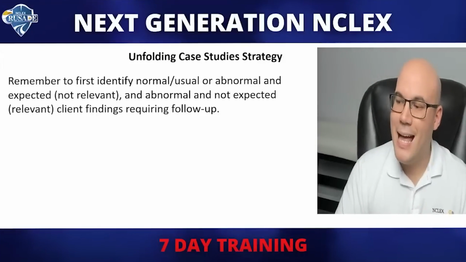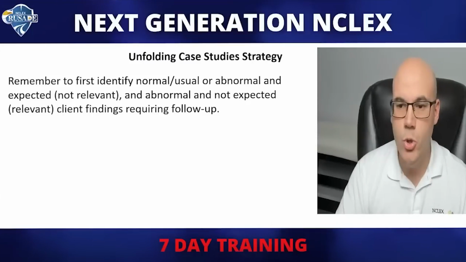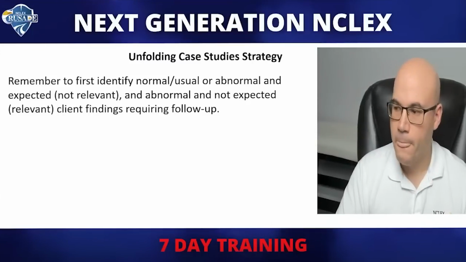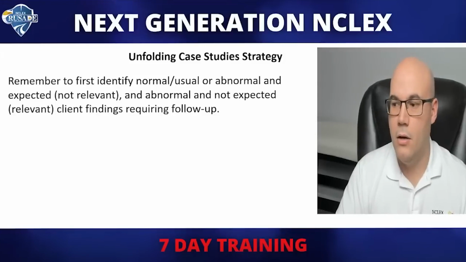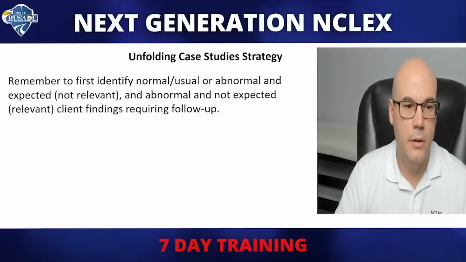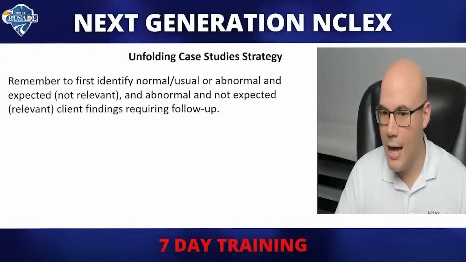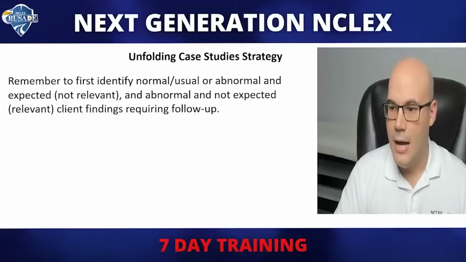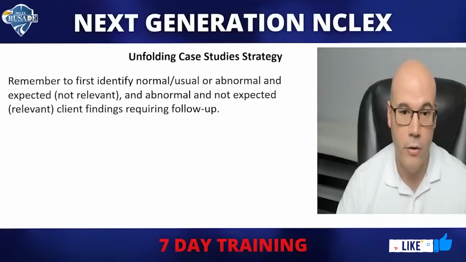Remember to first identify what is normal or usual and what is abnormal and unexpected. Identify what information is relevant and not relevant. Identify what information requires follow-up and what information doesn't require follow-up.